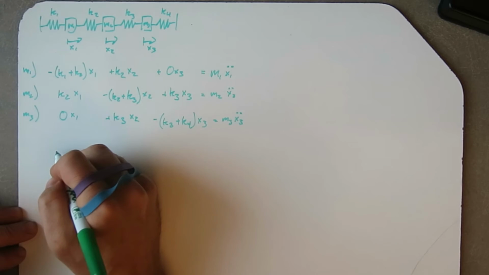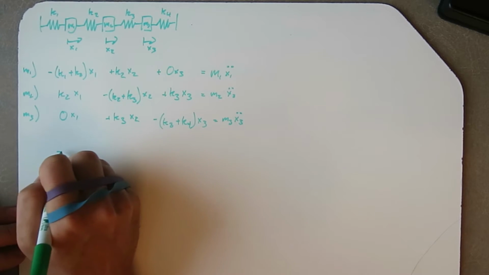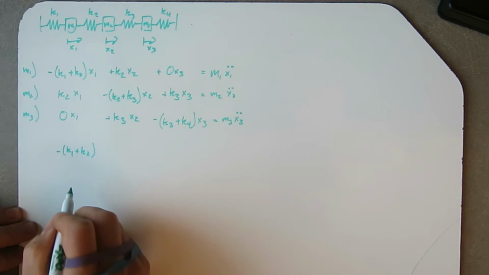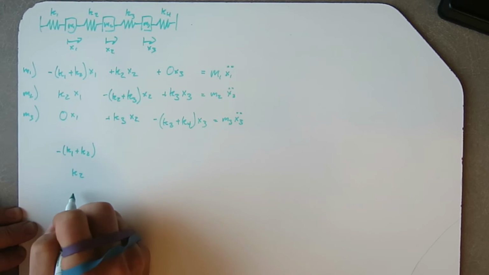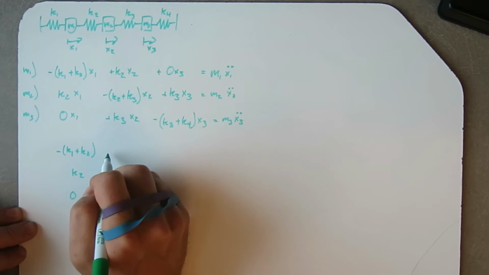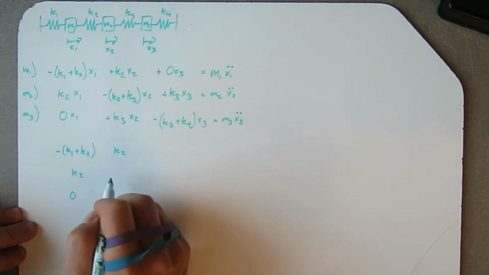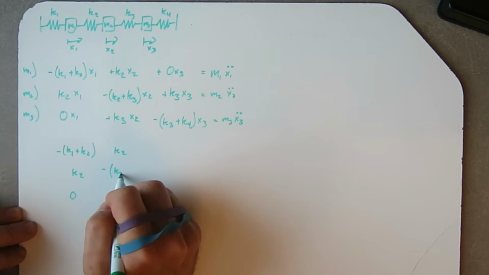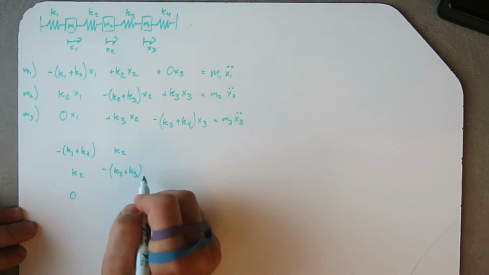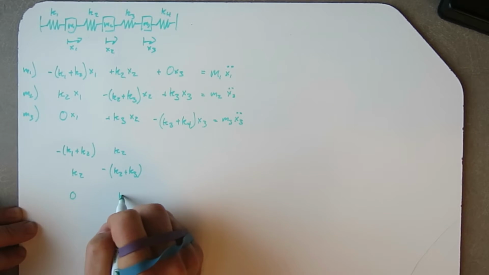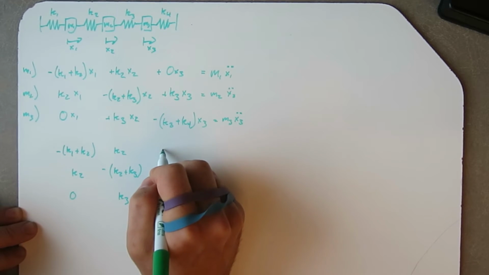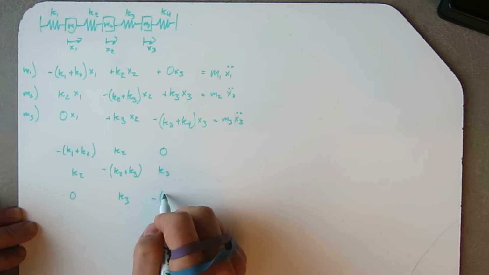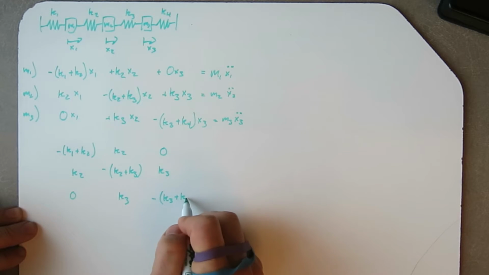And then in matrix notation, which is fun, we'll have negative K1 plus K2, K2, 0, K2, negative K2 plus K3, K3, a 0 here, K3 here, negative K3 plus K4.